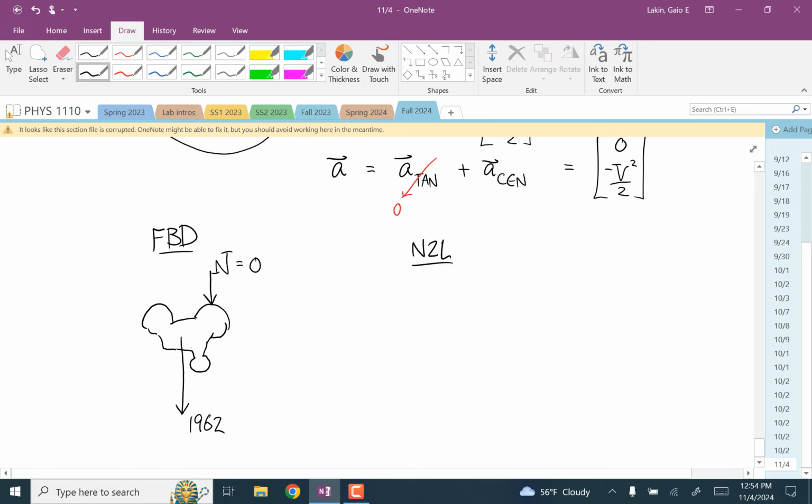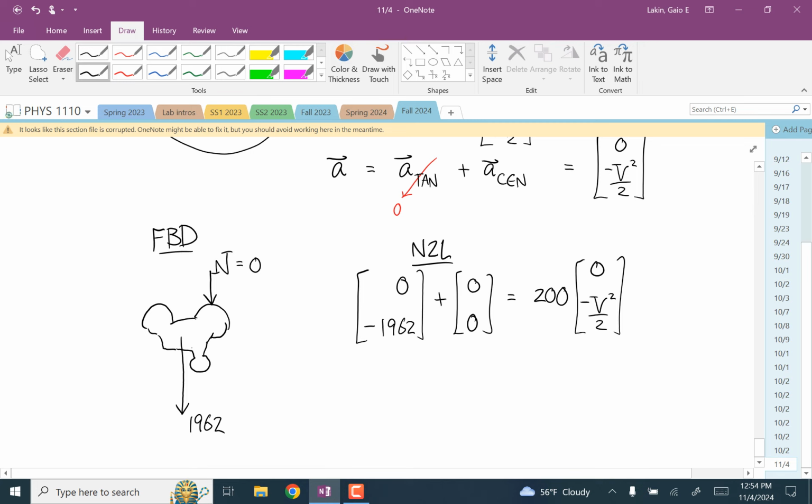So then Newton's second law says (0, negative 1962) plus (0, 0), that's the normal force, is equal to the mass times the acceleration (0, negative v squared over 2). And now you can use the y equation.